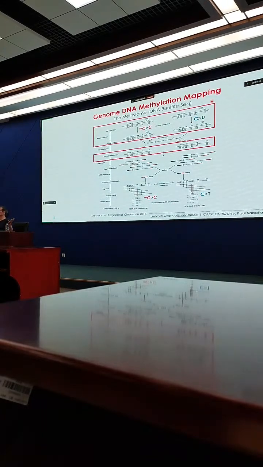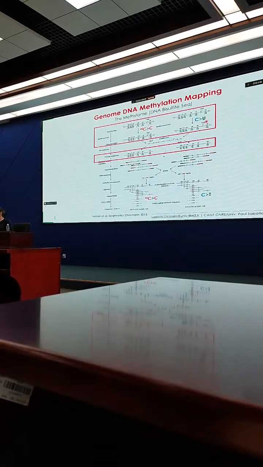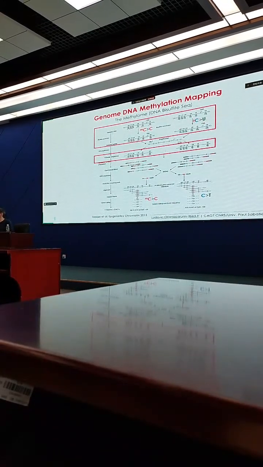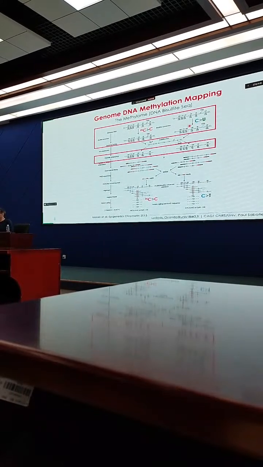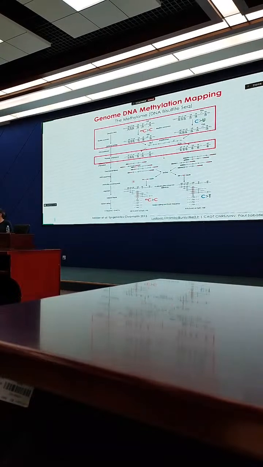Well, that's cool, because Us, uracils, are sequenced as Ts, because it's a T analog chemically, right? So that means that when you do this conversion with bisulfite, well, you just have to do your next generation DNA sequencing assay now, right?